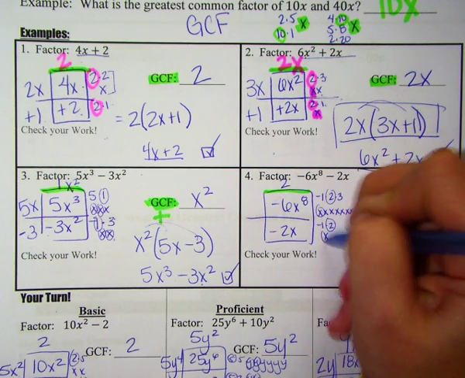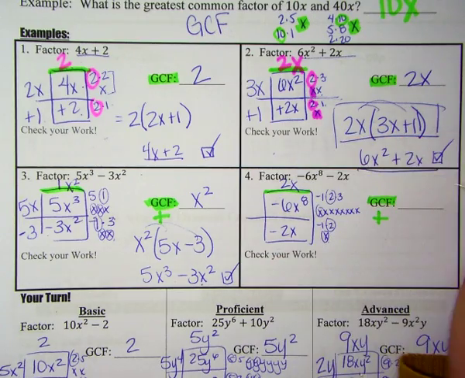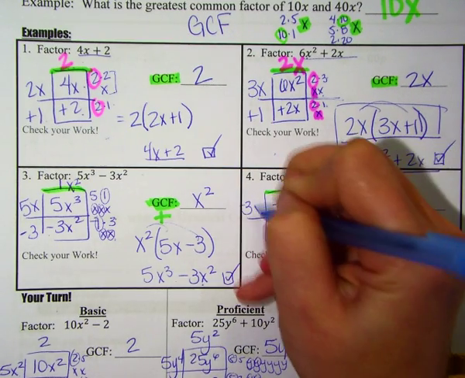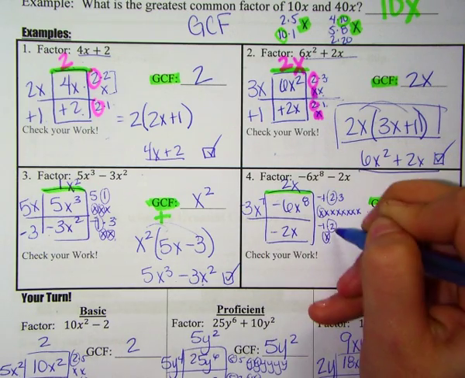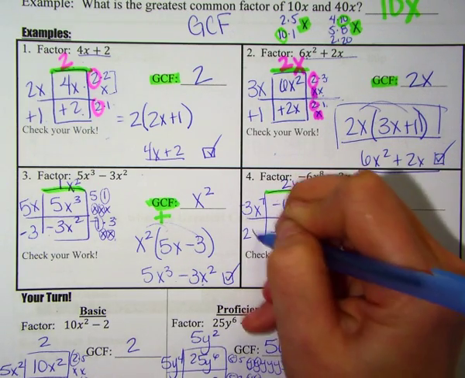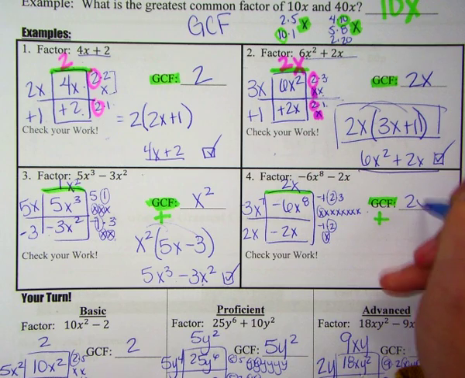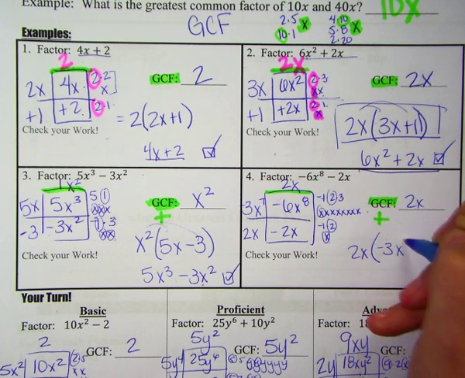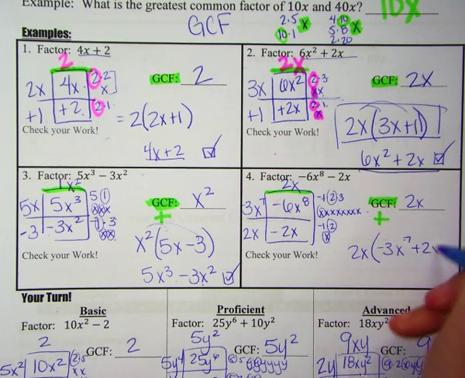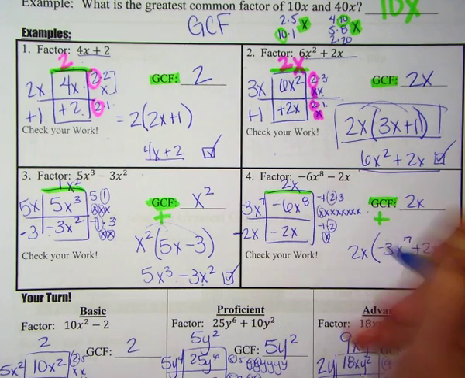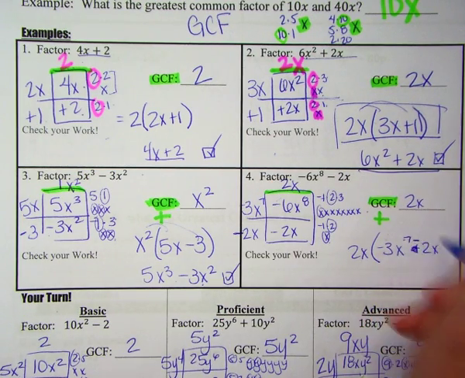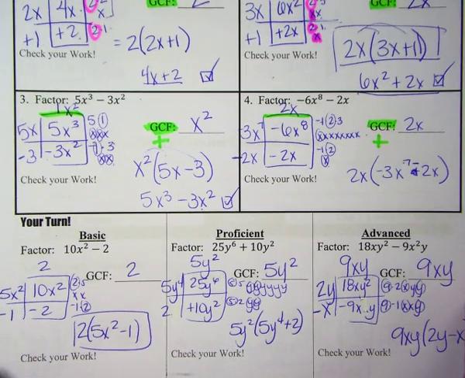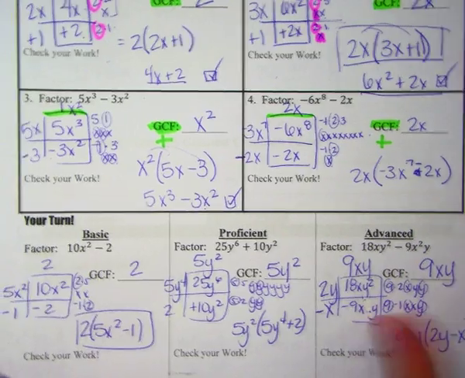They also both have 1 x. We're left with negative 3x to the 7th and 1. The GCF is 2x times the quantity 3x to the 7th plus 1, minus 2x. You can check your work on the answer key for these 3.